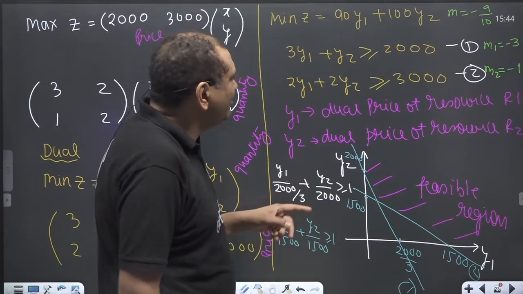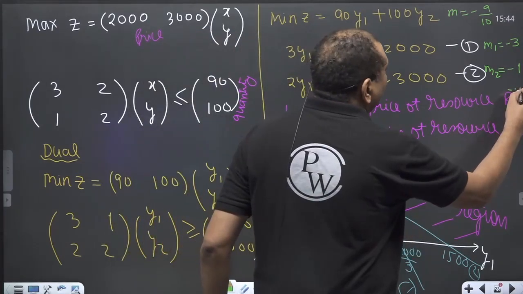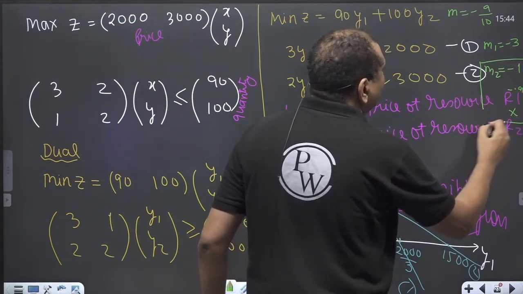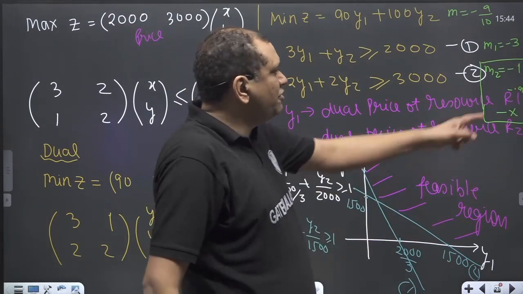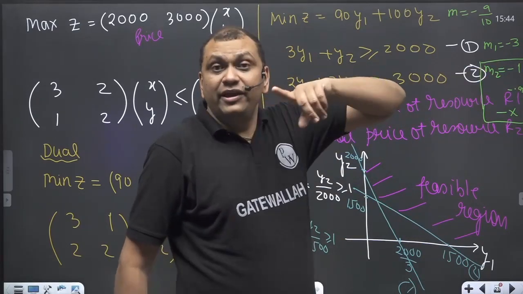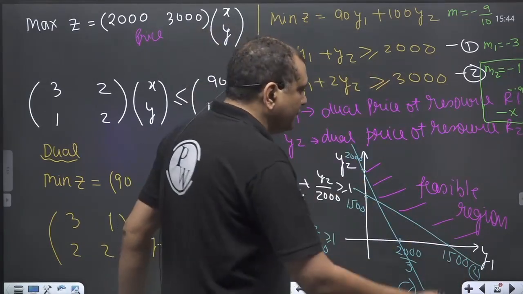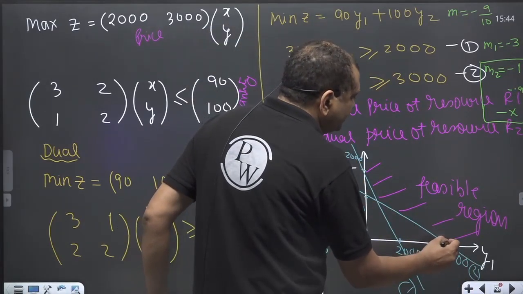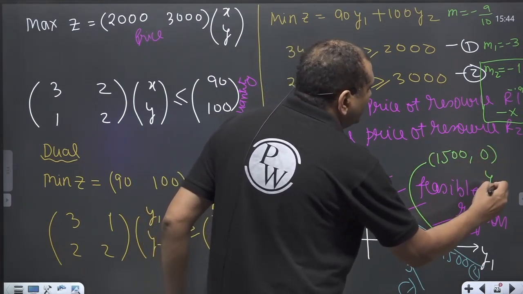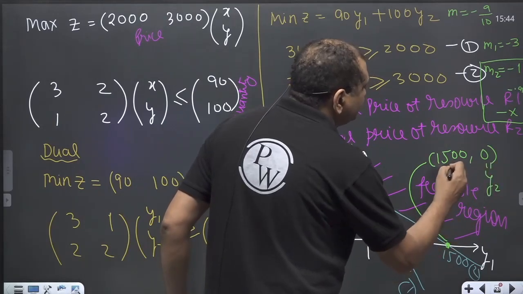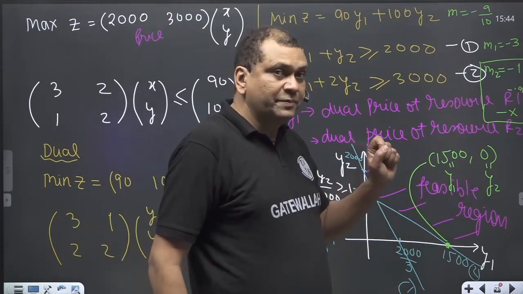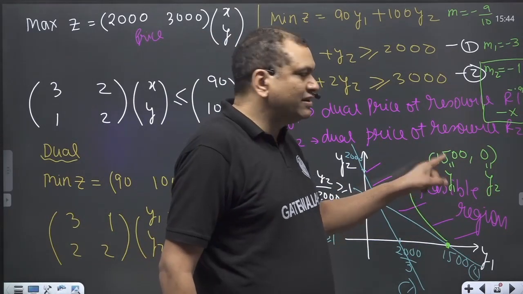So optimum point will be at minus 0.9 here, na? My optimum point will be the intersection of x-axis and constant 2. In a graphical method, we have already done this thing. So this is my optimum point, 1500 and 0. So dual price of resource R2 is 0. Dual price of resource R1 is 1500.